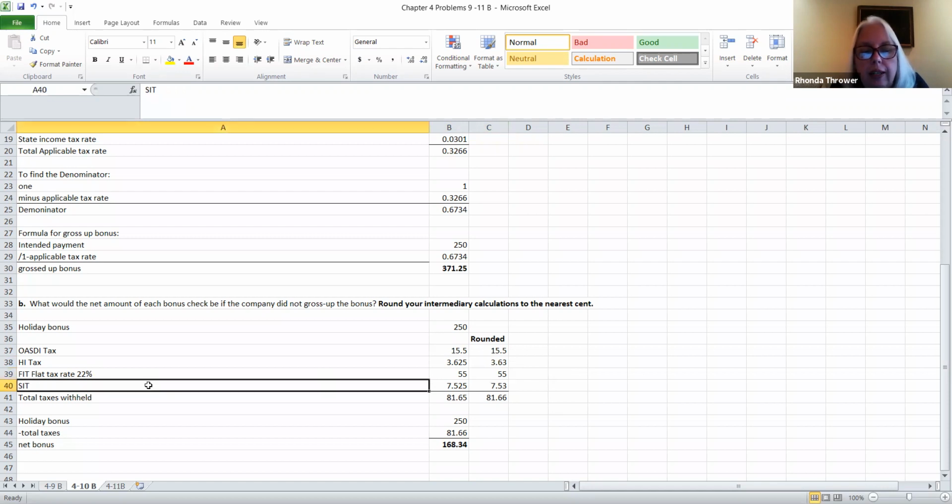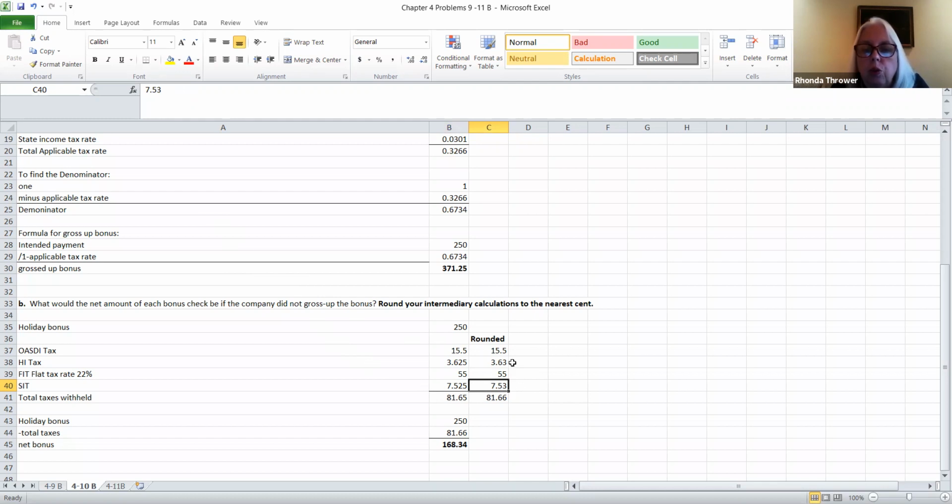The SIT, the state income tax, is $250 times 0.0301, which is 3.01%. That was given to you in your instructions. So this one also has to be rounded. Notice where I put it out to the side there and I rounded it.